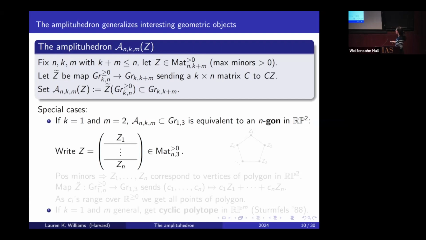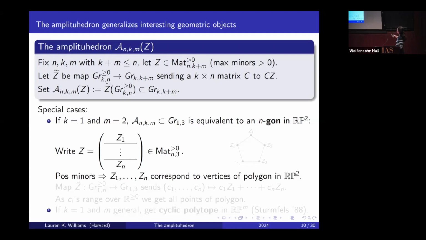So we have our Z matrix. This is our n by k plus m matrix. So here it's an n by 3 matrix with maximal minors positive. So let's label the rows, Z1 through Zn. So these are 3 vectors. The fact that the minors of this matrix are positive means that Z1 through Zn can be thought of as the vertices of a polygon in RP2.